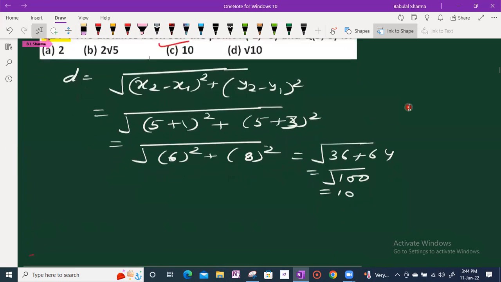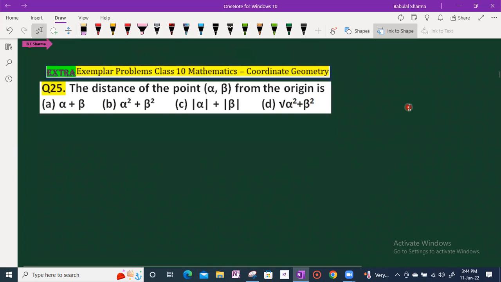Next question is, the distance of the point from the origin. Student, the distance of the point origin, you can always write distance, let the O is the coordinate and other point is alpha, beta.